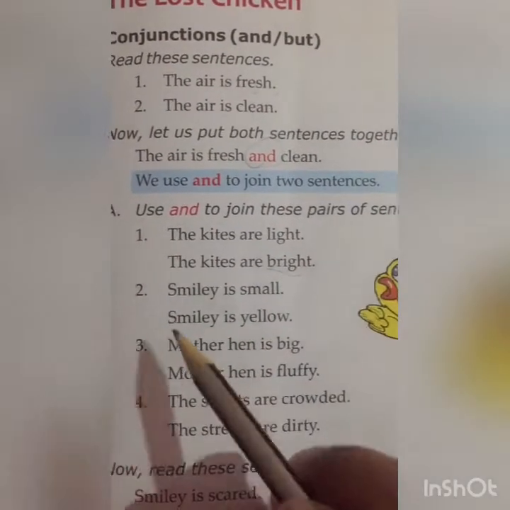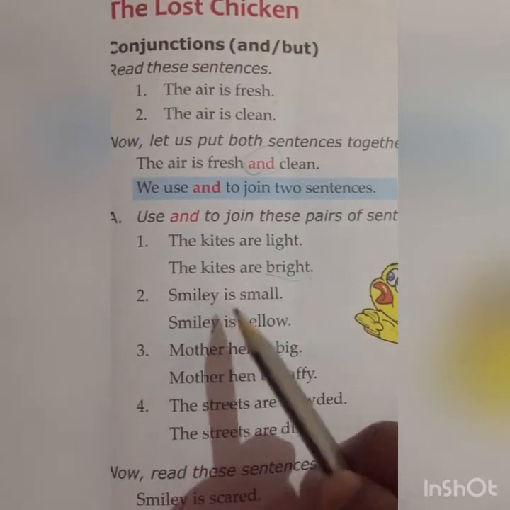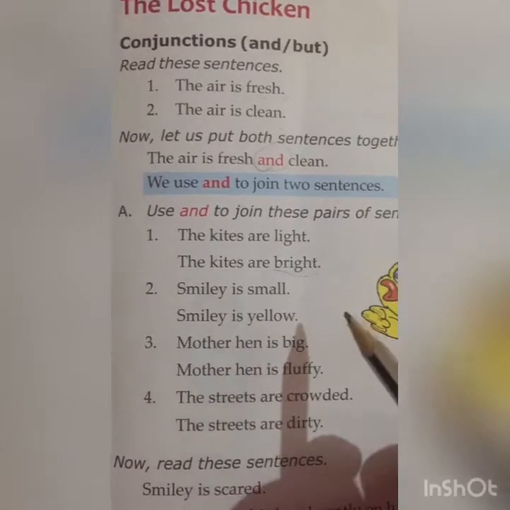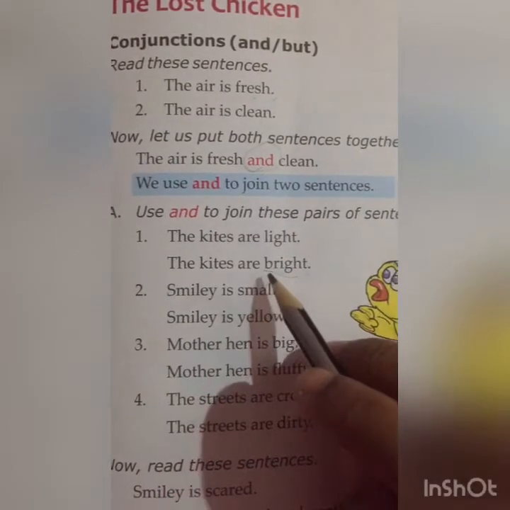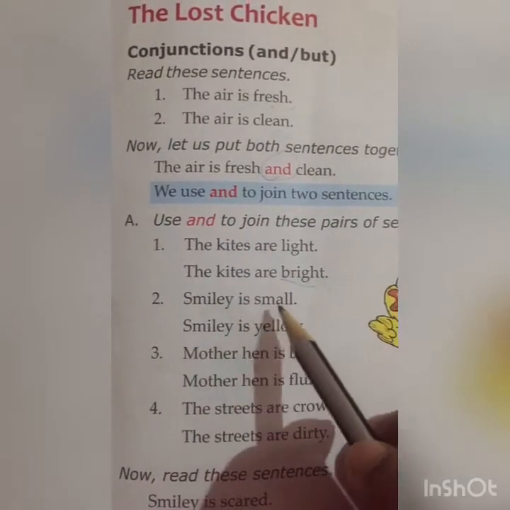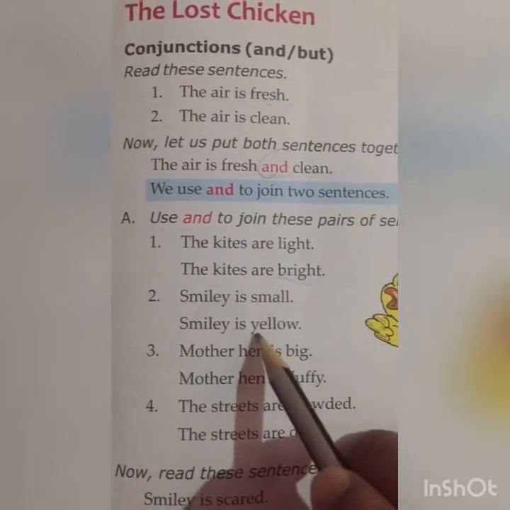Okay, second one, Smiley is small. Smiley is yellow. How do we write it, using and? Smiley is small and yellow.